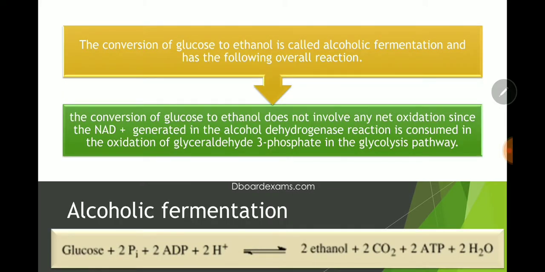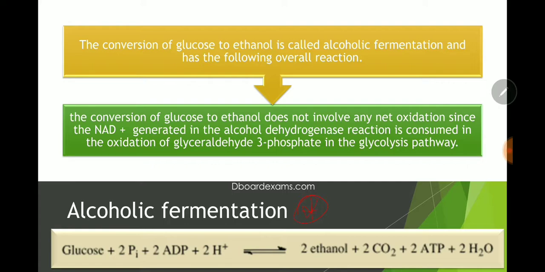So now we're discussing alcoholic fermentation. If you're understanding glycolysis, you have to understand fermentation also. Fermentation refers to the conversion of glucose to ethanol.